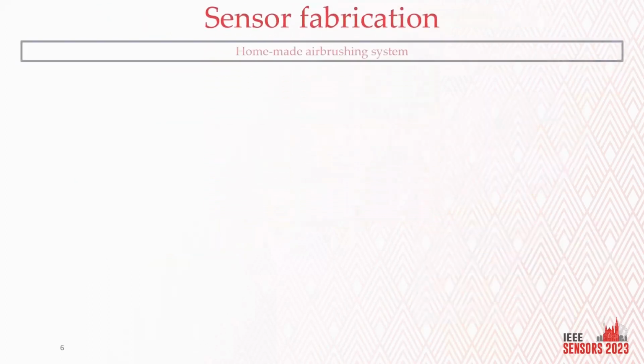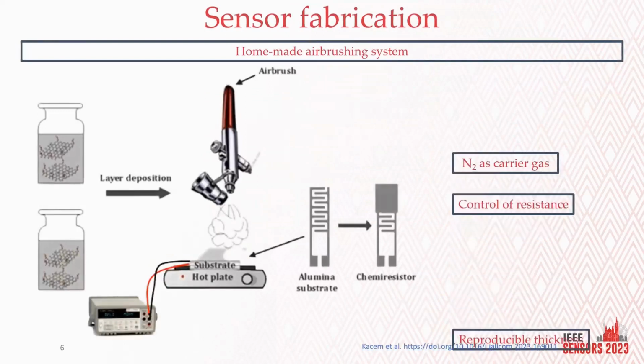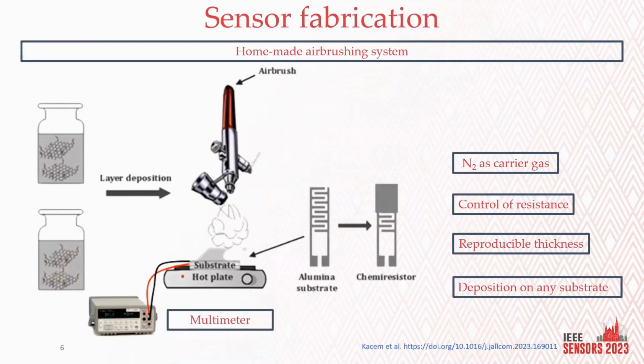Moving on towards the sensor fabrication, we use our homemade airbrushing system to fabricate our sensors on alumina substrates typically. We generally make a solution of the TMDs in a solvent of our choice, and we use a commercial airbrush to deposit the films on the substrates.